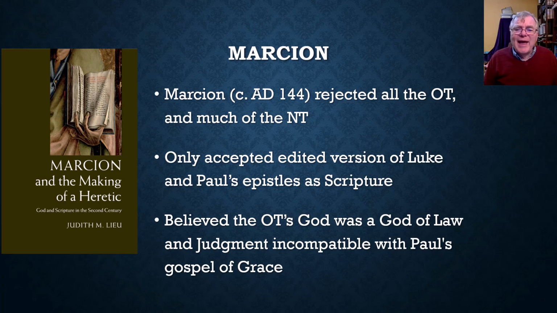Anyway, in his view of the canon, he actually rejected the entire Old Testament from his canon. But then he went even beyond that. He rejected most of the New Testament books from his canon as well. At the end of the day, he had basically an edited version of Luke's gospel and most of Paul's epistles, and that was Marcion's entire canon.